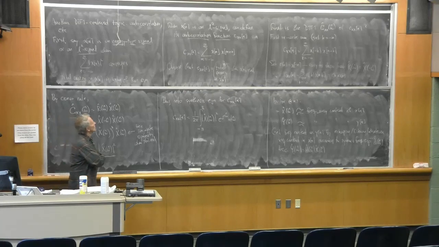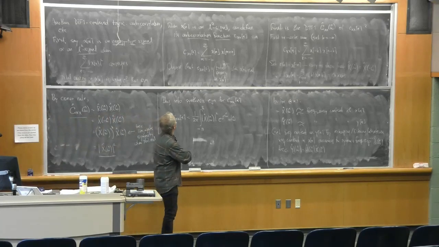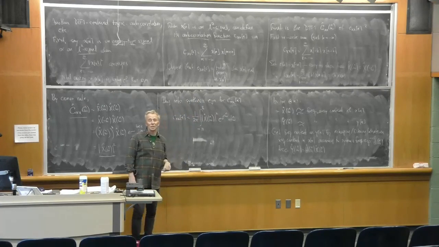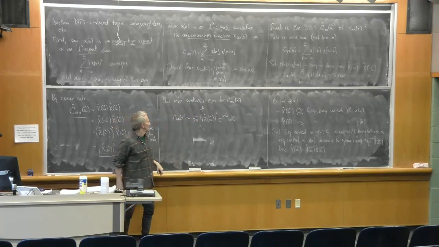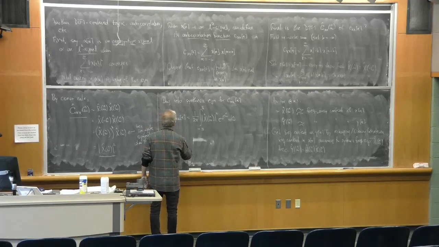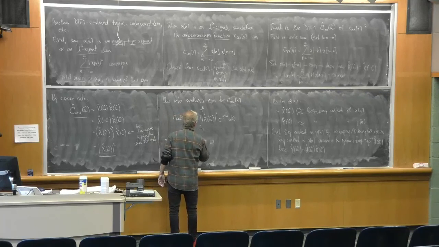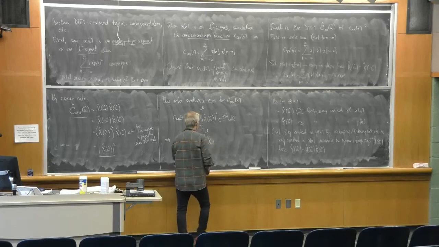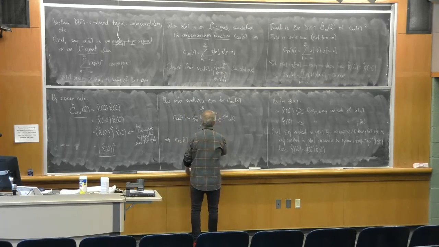Now, directly above, we have Cxx of 0 is the total energy in the signal x of n. So if I plug in n equals 0 here, I get Cxx of 0 equals 1 over 2 pi, integral from minus pi to pi, of the magnitude squared of x hat of omega hat d omega hat.